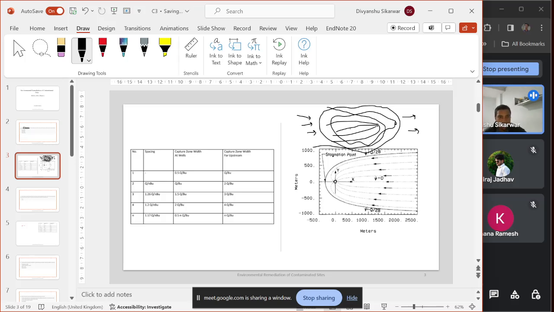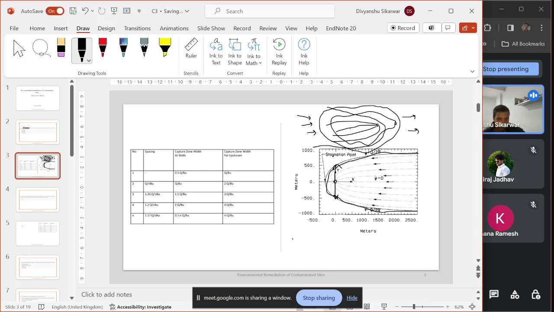In this figure, this width is calculated. This width is the capture zone width at the well, the location of the well. What will be the width of the capture zone? This is the capture zone. This is a top view.